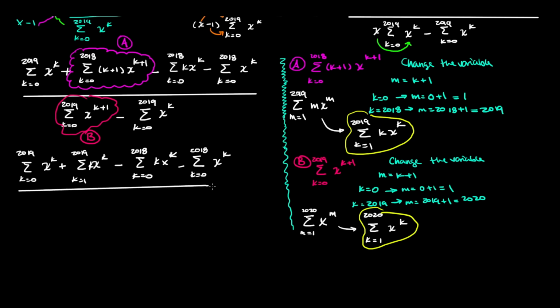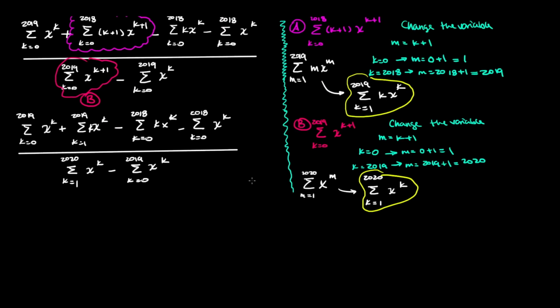And then we have b, which is summation from k equals 1 to 2020 of x to the k, minus summation from k equals 0 to 2019 of x to the k. Okay, perfect, cool. As you can see, we have similar terms in this fraction, so we can work with these terms here.